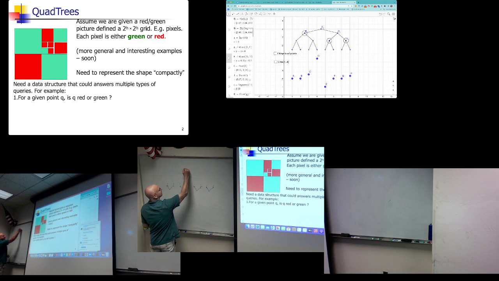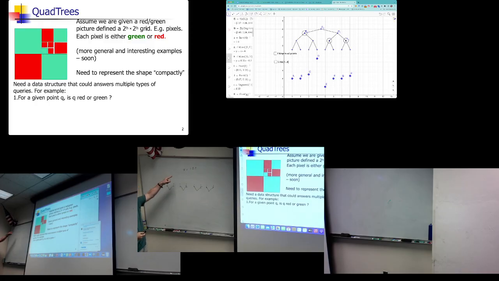Here is a number x, which I'll write in binary as 0, 1, 1. And I'll ask you for this x value, let's see the path to this node, which is 3 in decimal. Let's see how the quadtree looks like in 1D. This is an example that we'll play with a few times today.